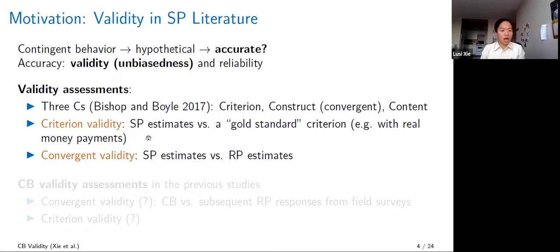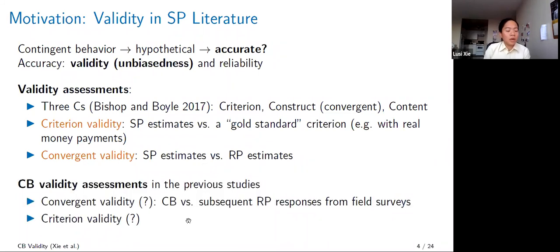So it's quite challenging to do criterion validity in the field, and experiments have been used quite a bit to assess criterion validity. Convergent validity can be done through field surveys only, and it usually compares SP versus the parallel RP estimates.